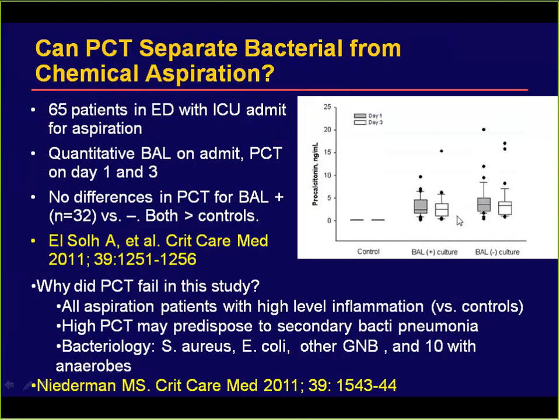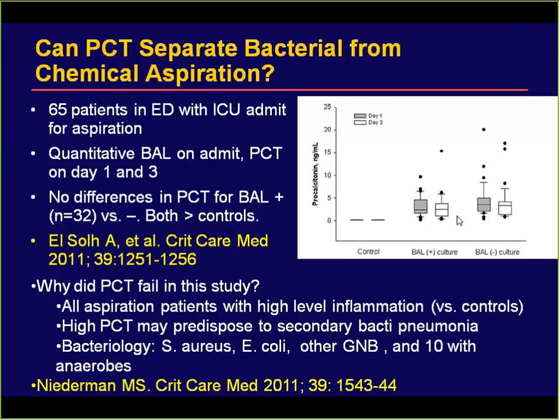So it seemed like a really good idea that you could measure procalcitonin with aspiration, separate chemical pneumonitis from bacterial pneumonitis. Turned out it didn't work, and so I wrote an editorial that went with this paper to try to guess why it didn't work, and I think the answer may have been that all aspiration patients had so much inflammation present that they got elevated procalcitonin levels.